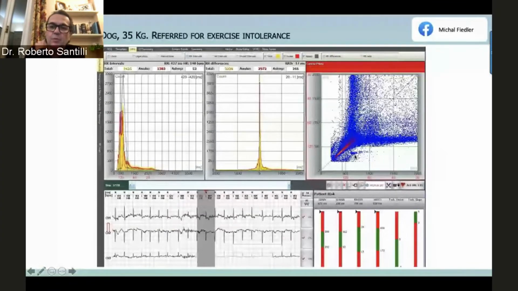And the distribution of the RR interval is not the classical distribution for a sick sinus syndrome dog or a sinus node dysfunction dog. So it's important that when you have the normal Lorentz plot, you can actually rule out sinus node dysfunction. So what's the diagnosis?